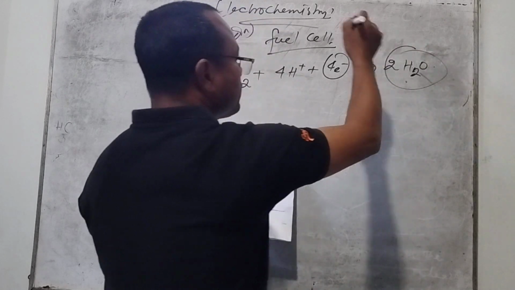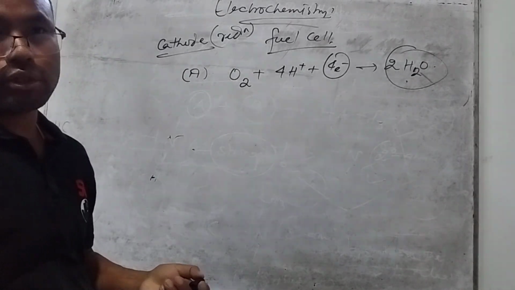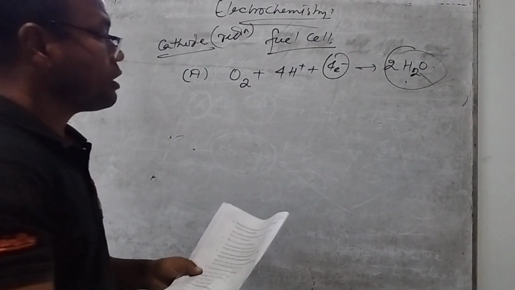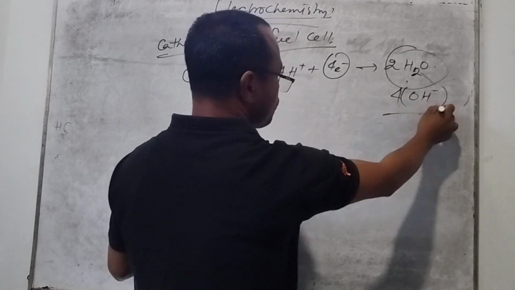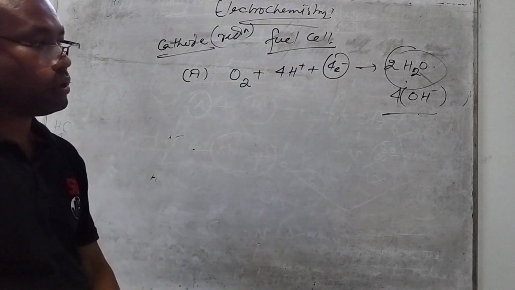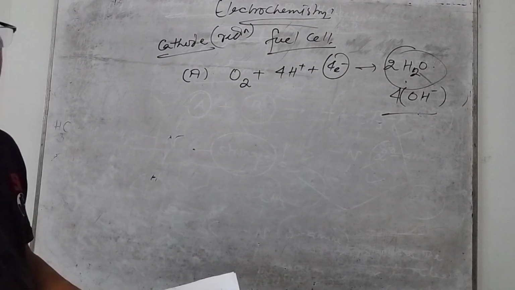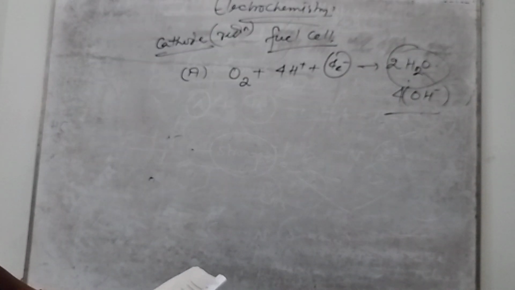Whether this product is correct or wrong is up to the question setter. It should be 4OH minus, so instead of writing 2H2O, it should be 4OH minus. That will be written in the book, so we can compare what the option will be.